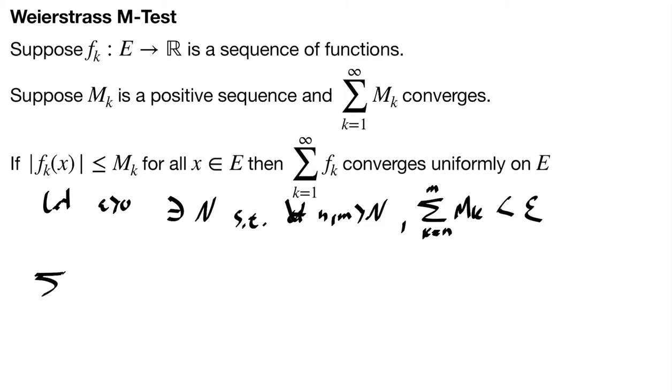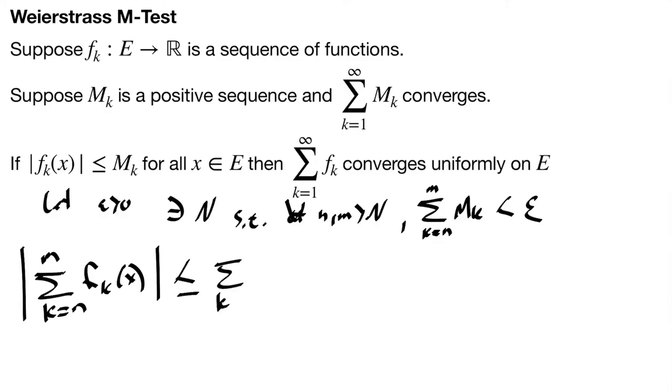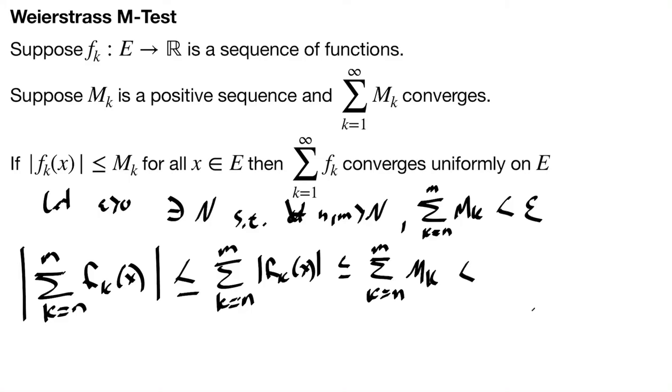Okay, so what are we going to do now? Well, now all we notice is that if we took the sum as k goes from n to m of f_k of x, the absolute value of this must be less than or equal to the sum as k goes from n to m of the absolute value of f_k of x, which is now less than or equal to the sum as k goes from n to m of M_k, and that is now, of course, less than the epsilon that we had just a second ago.